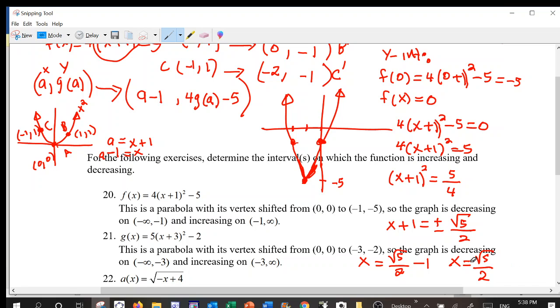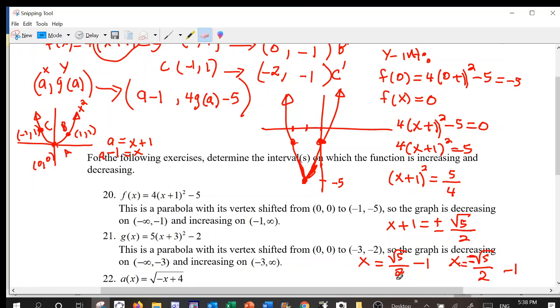All right, so or negative. This is not cooperating. So it's going to be negative and then minus 1. There's a negative here, you see it? So it's going to be negative square root of 5 over 2 minus 1.